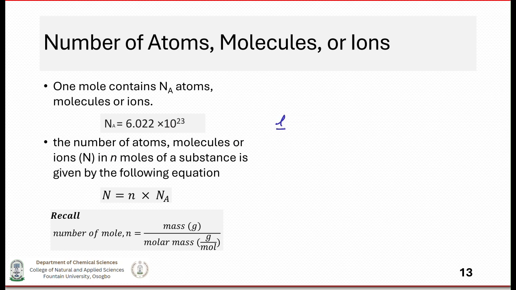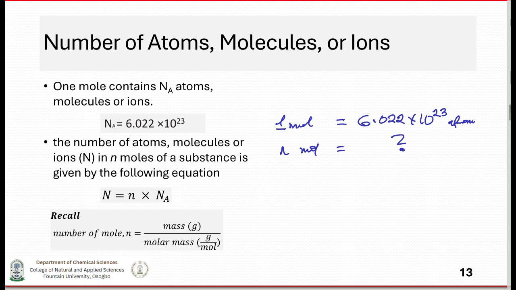because we said if it is 1 mole of any substance, it contains 6.022 times 10 to the power of 23 atoms, for example. So if it is now n mole, an unknown number of moles, what will it contain?